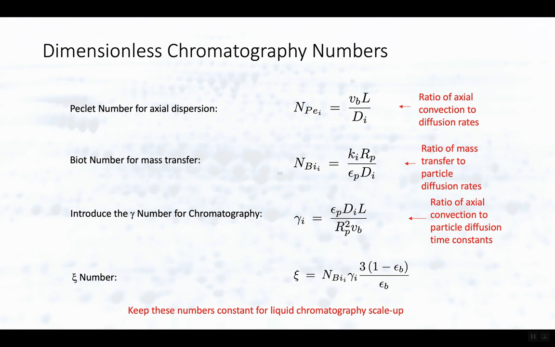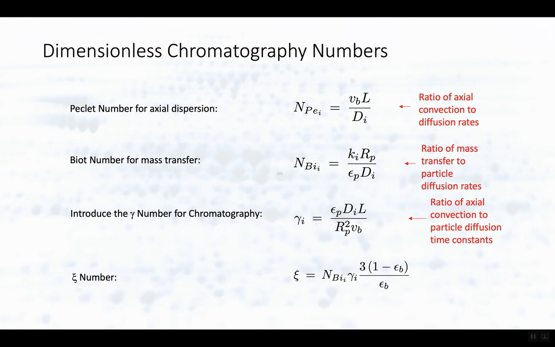If we can keep these numbers constant as we scale up from laboratory scale to commercial scale, we should get effectively the same separation that we got at the laboratory scale. So that's why we went through this exercise. We're going to see that in a minute.